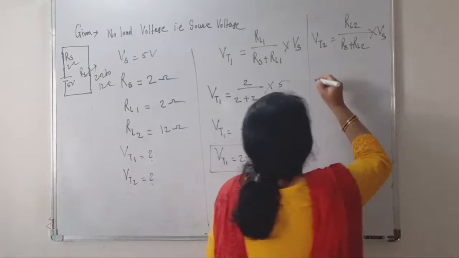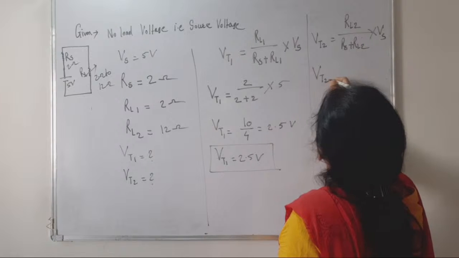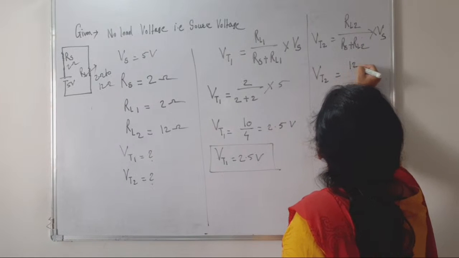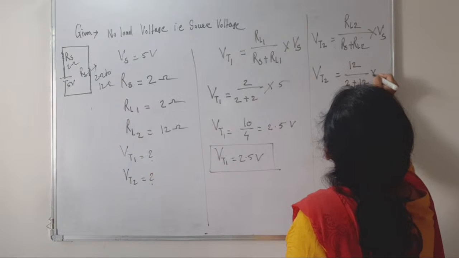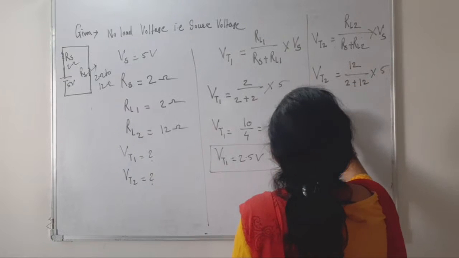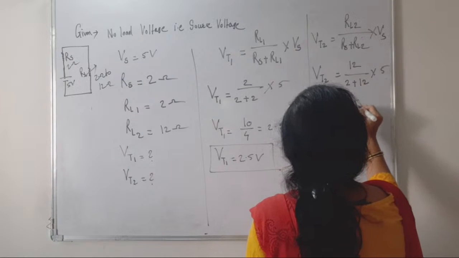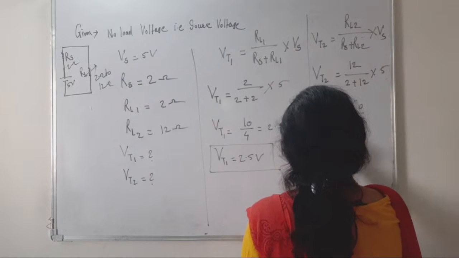What about VT2? RL2 is 12 ohm, RS is 2, so VT2 is 12 upon 2 plus 12, multiplied by 5. Therefore VT2 is equal to 60 upon 14.